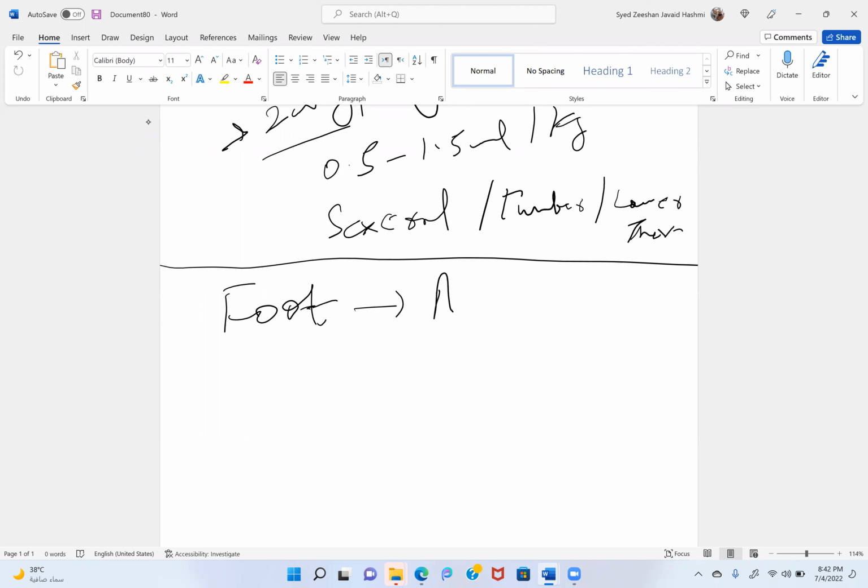For example, there is amputation, some fracture, some tendon repair, some incision and drainage. So what are the nerves which are required to be blocked for the foot?